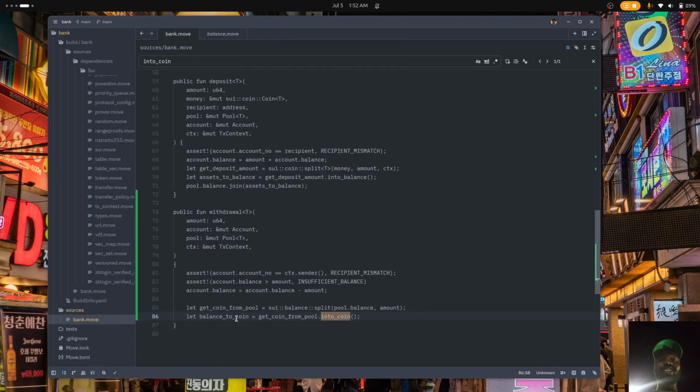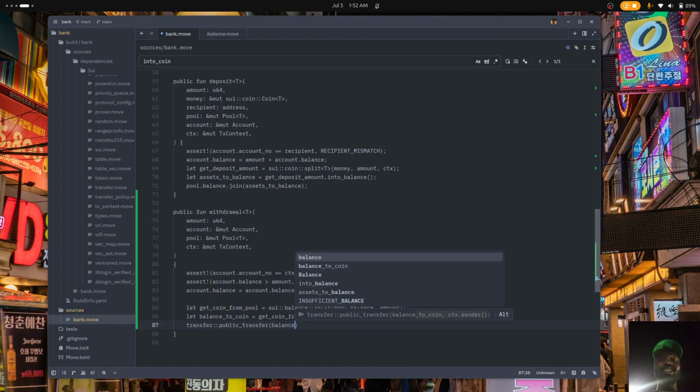So right now I have the coin here, and we'll transfer the coin.